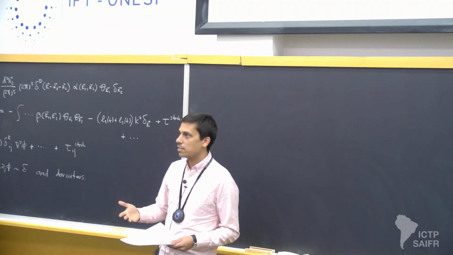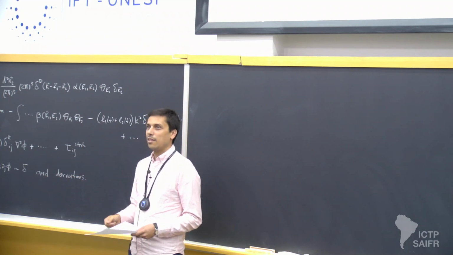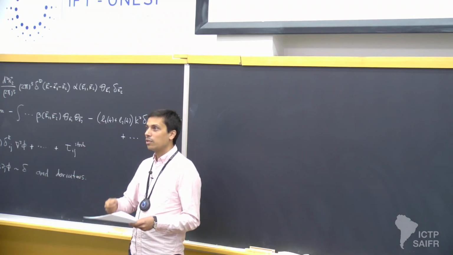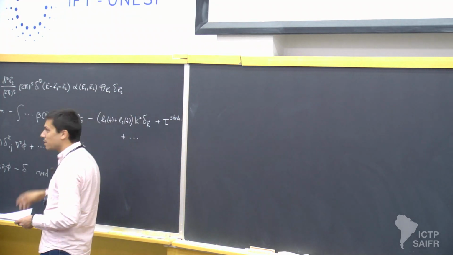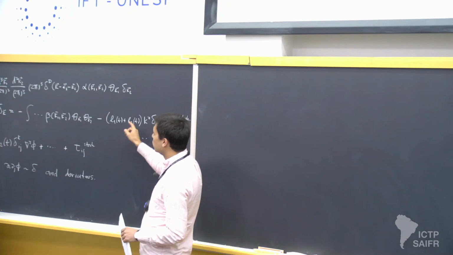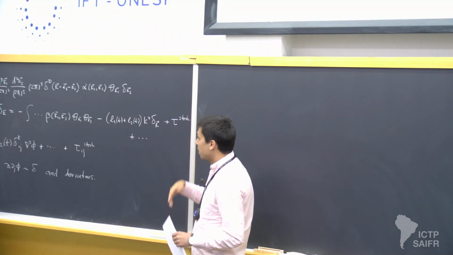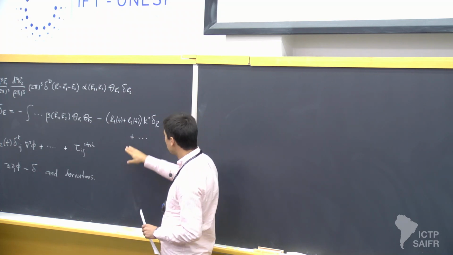In the process of smoothing the density and velocity fields and the nonlinear terms, there are some effective contributions which come as a source in the Euler equation, coming from this effective stress tensor.